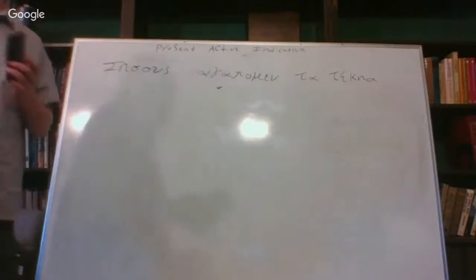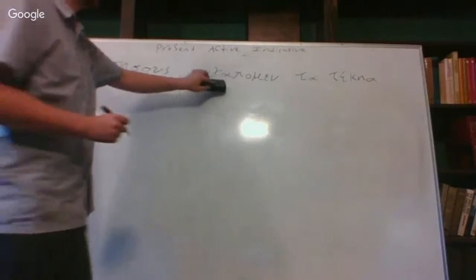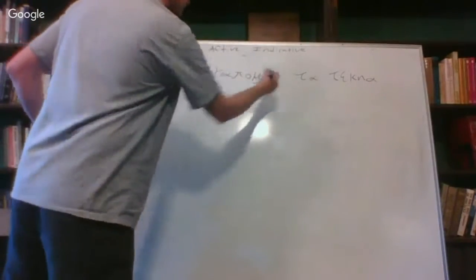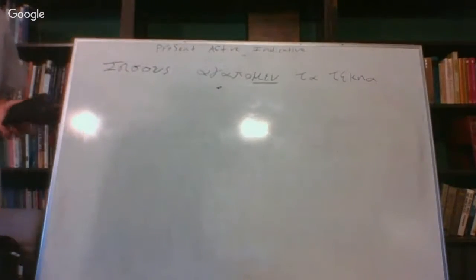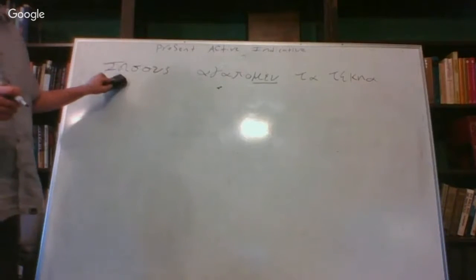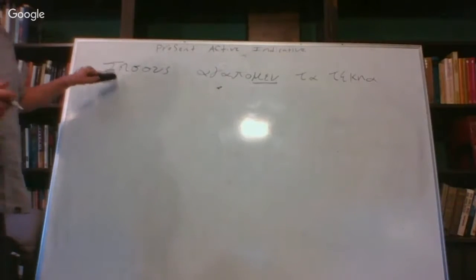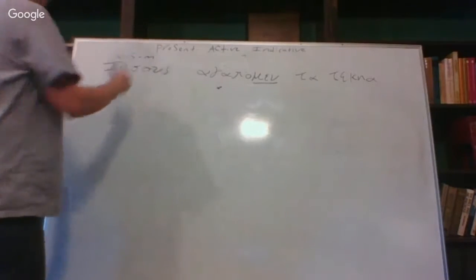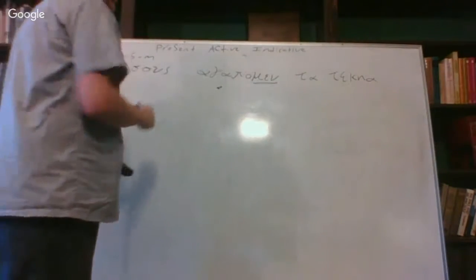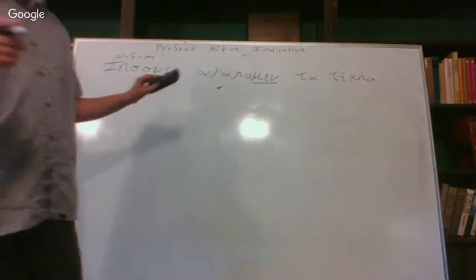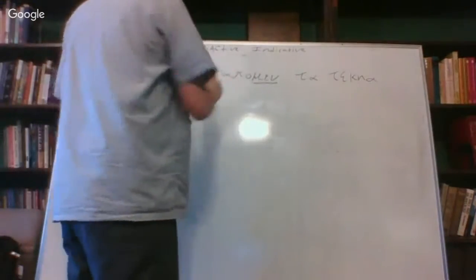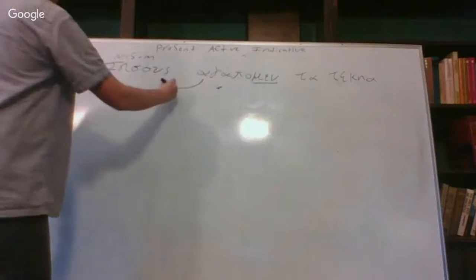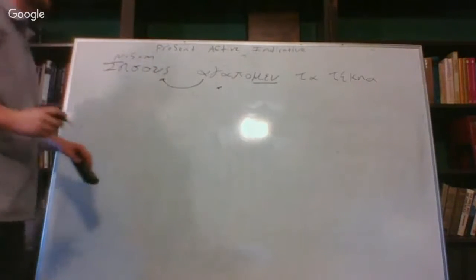Why? Because agapomen, as we see with the personal ending here, is first person plural. Jesus is not plural. Jesus is singular. It's nominative, singular, masculine. Agapomen is present active indicative, first person plural. So these two do not agree in number and in person.